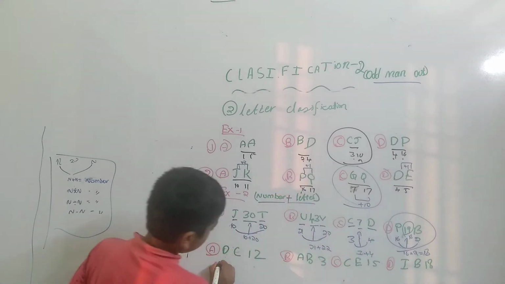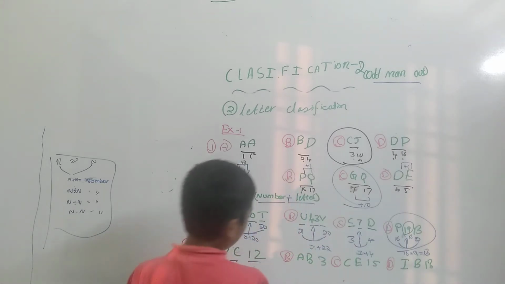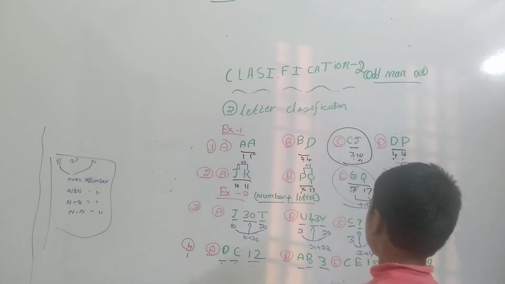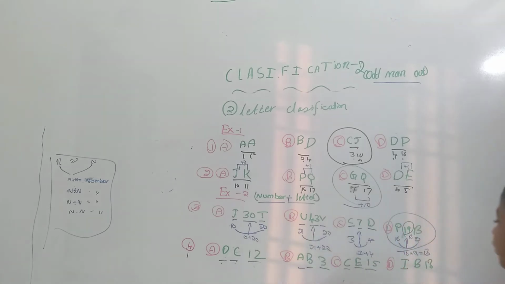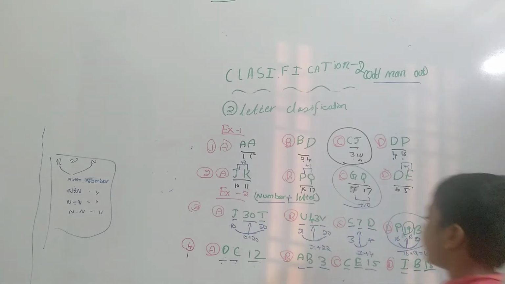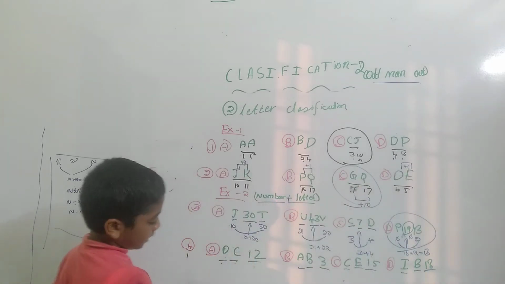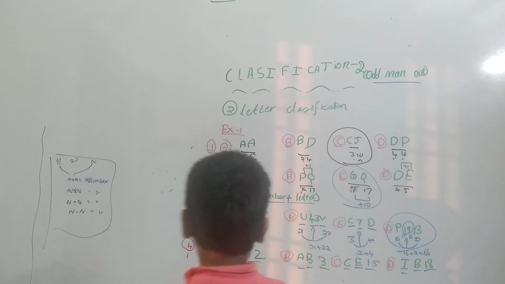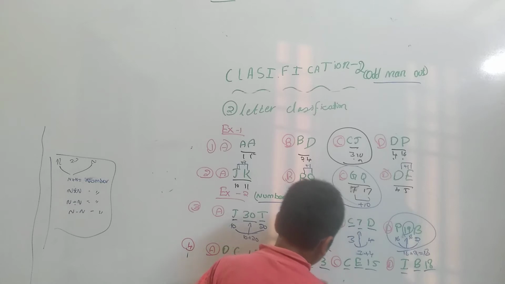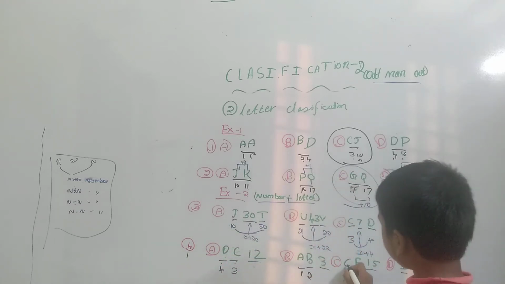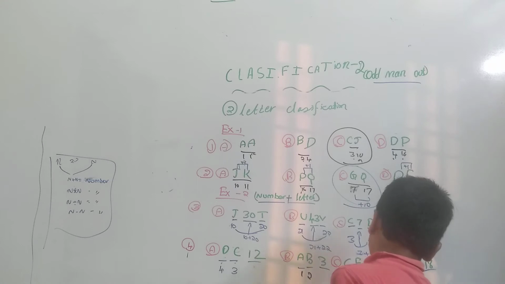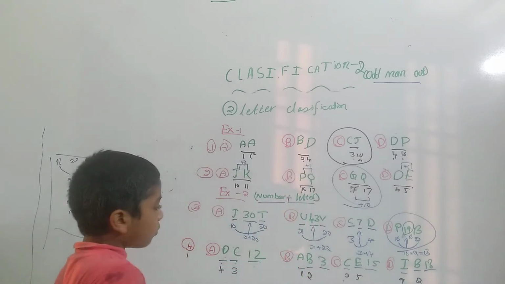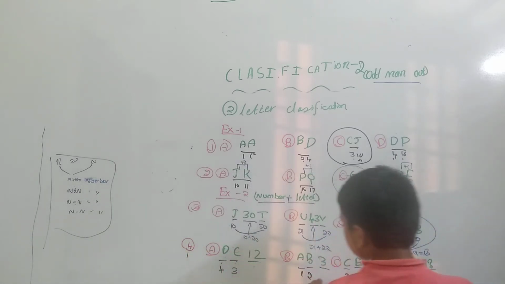Next question. Here the numbers are given in the corner: DC 12, AB 3, 3 5 15, 9 2 18. Here 1 and 2: 1 plus 2 equals 3.